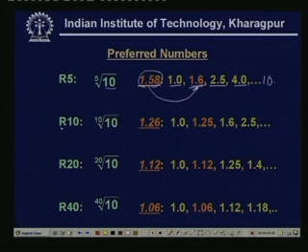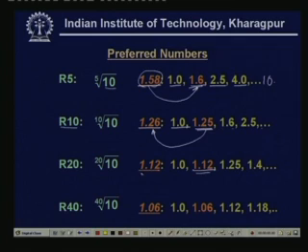Similarly, R10 is the 10th root of 10, and this value comes out to be 1.26. Here also it is rounded off in a convenient manner as 1.25, and you get a series like this. R20 refers to 1.12.